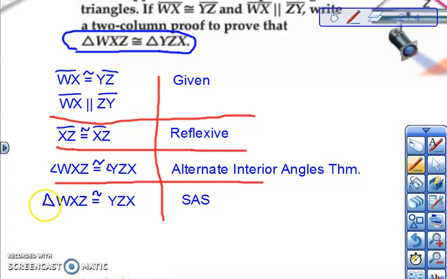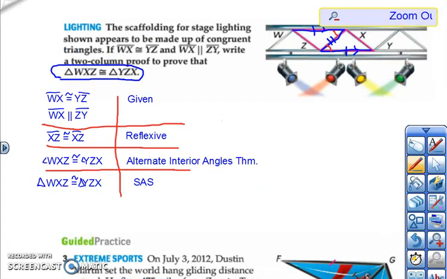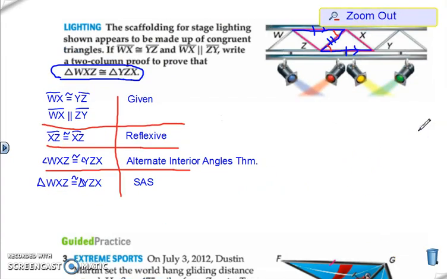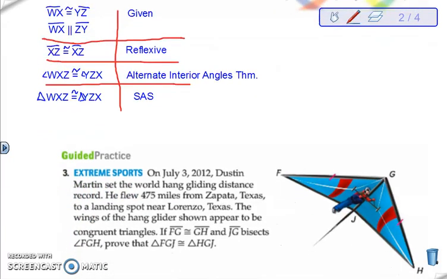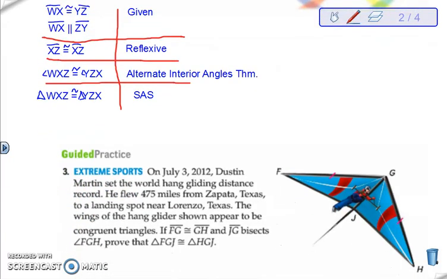So notice I'm putting a little triangle in front of the triangles and an angle symbol in front of the angles so that we don't get mixed up when we are reading back over this. All right, that is our proof. I will go ahead and let you try the next one. You want to set it up the same way. Just look for your congruent sides and your congruent angles.